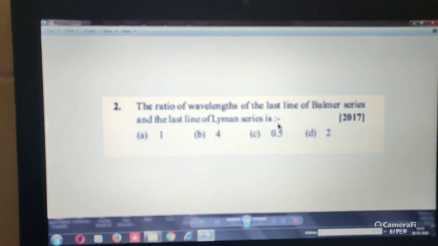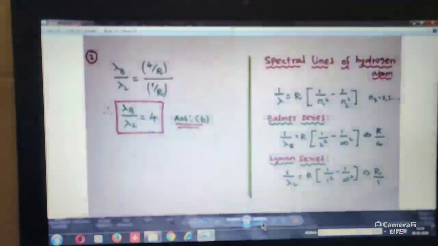So the last line means infinite. Please remember. N1 represents that particular series. For example, Lyman series means N1 is equal to 1, Balmer series means N1 is equal to 2. Please remember these key points.